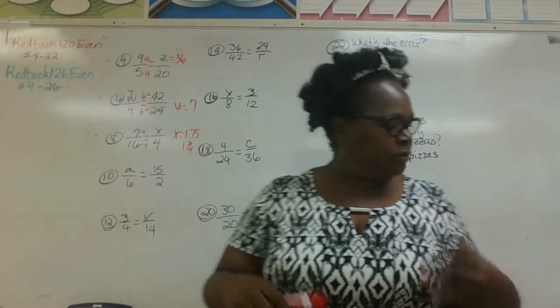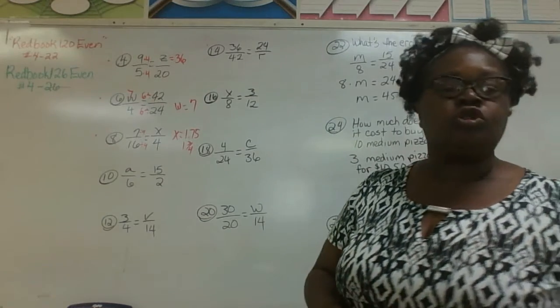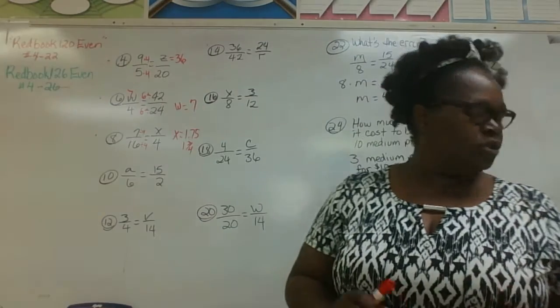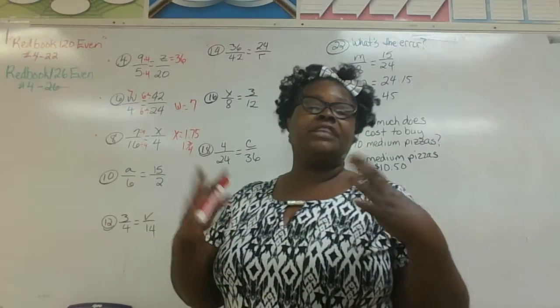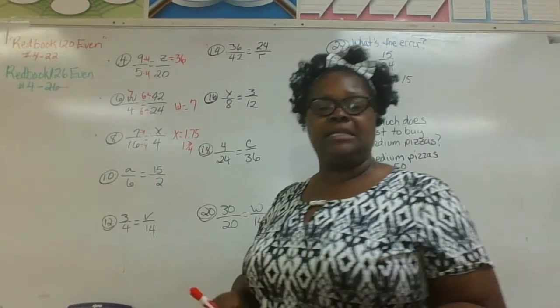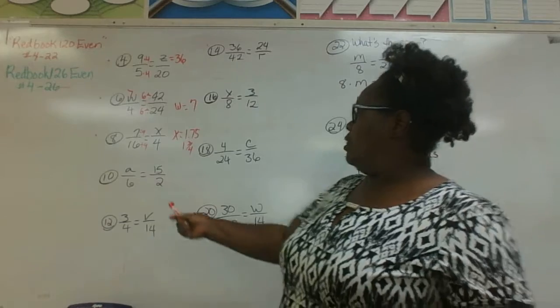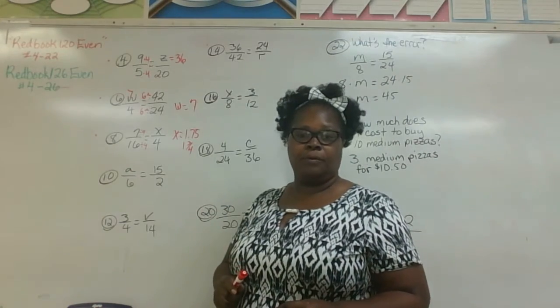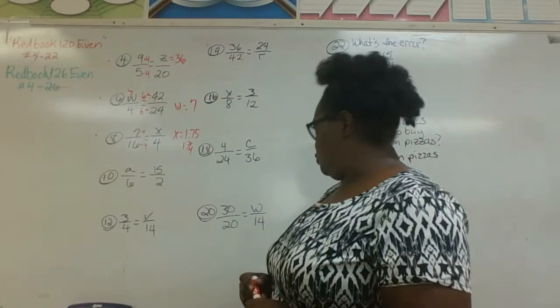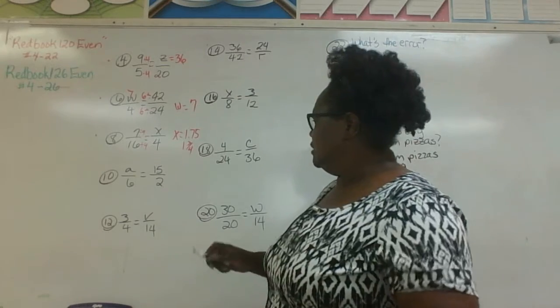Now, for numbers 10 through 20, they ask us to use the cross product, or the algebraic technique, for solving for the unknown, the variable. So now we're going to take a look at this.